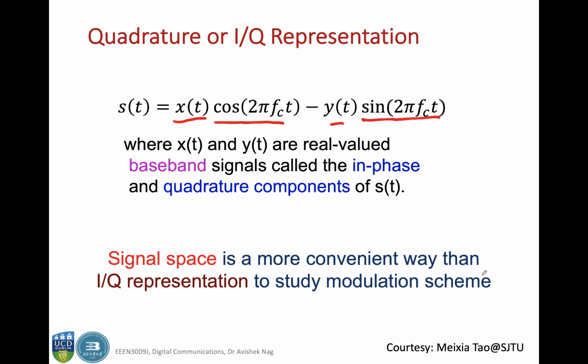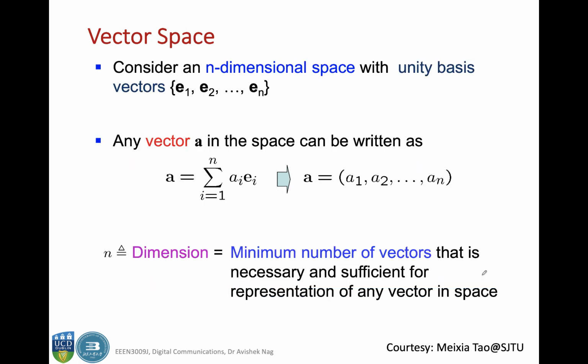Just like the magnitude and phase representation and the IQ representation are the same and keep the fundamental properties of the signal intact, we will see the signal space representation also keeps the fundamental properties of the signal intact, but it's just a different way of seeing the signal and representing it so that it's easier to mathematically analyze the signal. Okay, so that we can obtain the probability of error and minimize it.